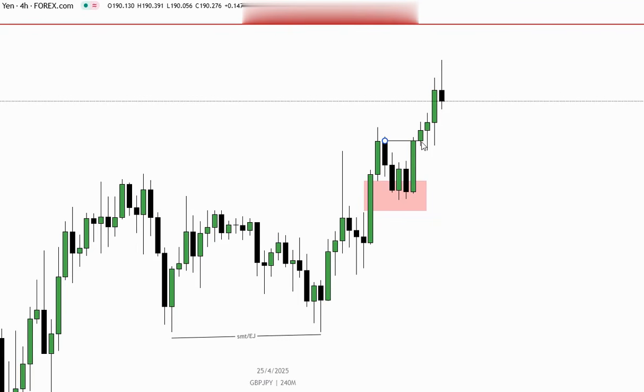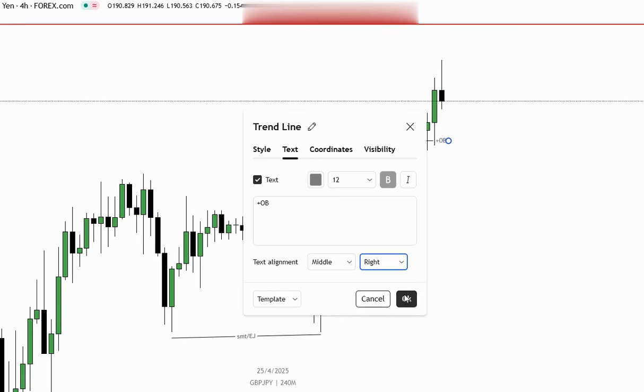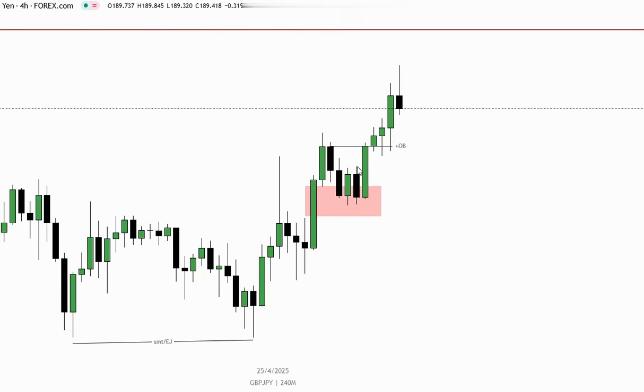When it does that, I can confirm a strong bullish order block. So once I have this as my bullish order block, what you are seeing here is an FVG. Look how beautiful that is.